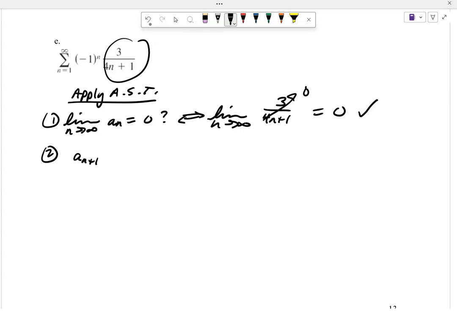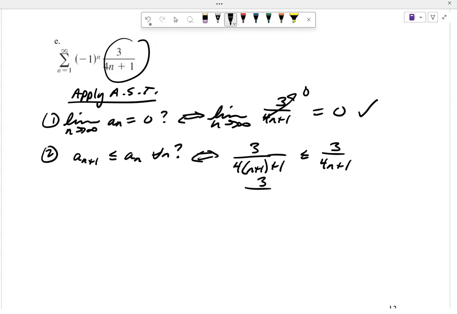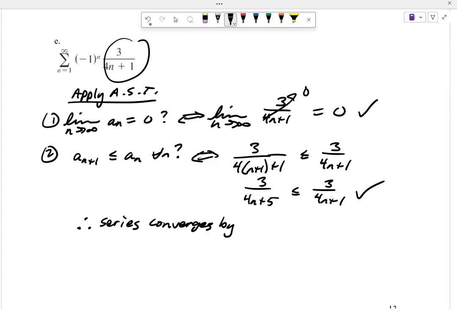Does a sub n plus 1 less than or equal to a sub n for all n? Is 3 over 4(n plus 1) plus 1, which is 3 over 4n plus 5, less than or equal to 3 over 4n plus 1? Yes, it is. That would also be true. So it meets the conditions. So yeah, the series does converge by the alternating series test.